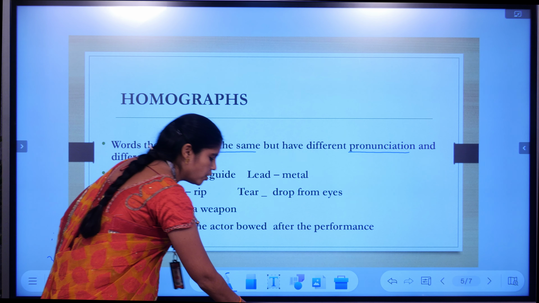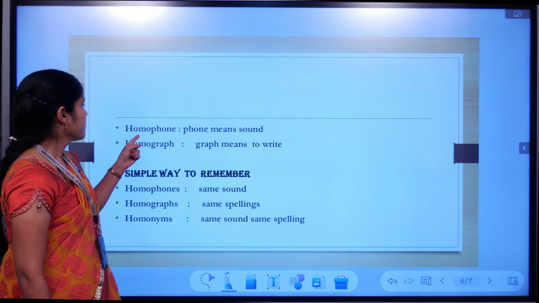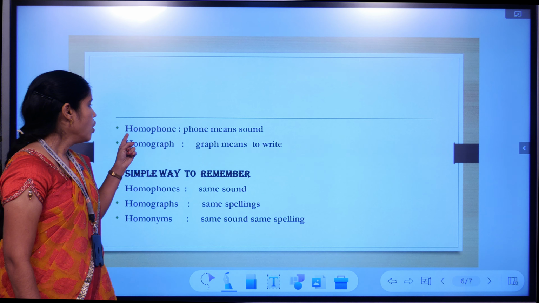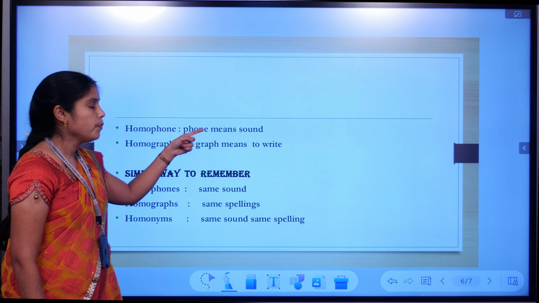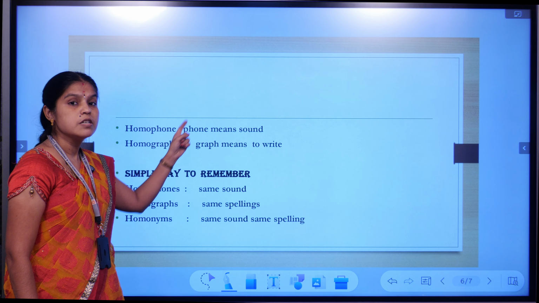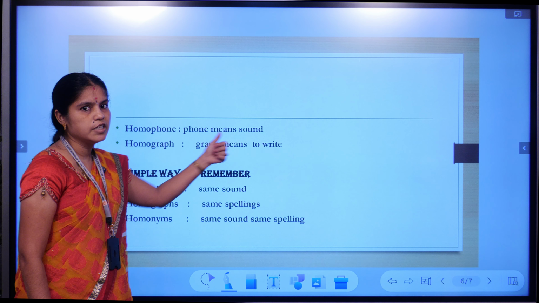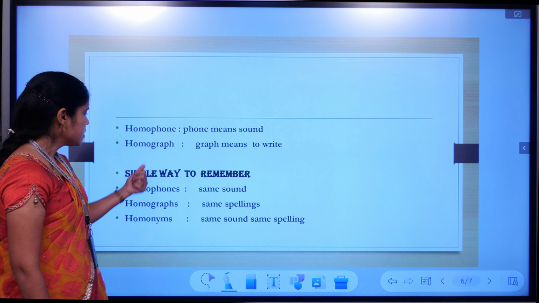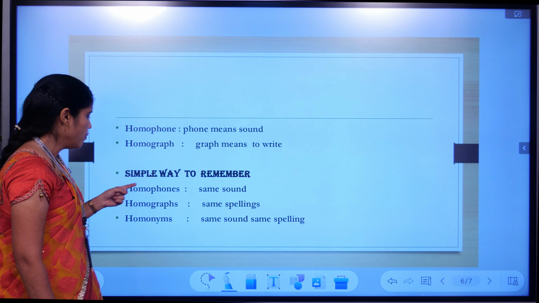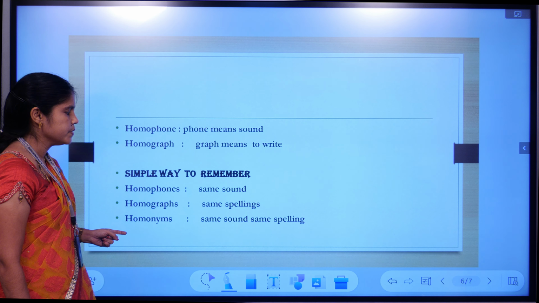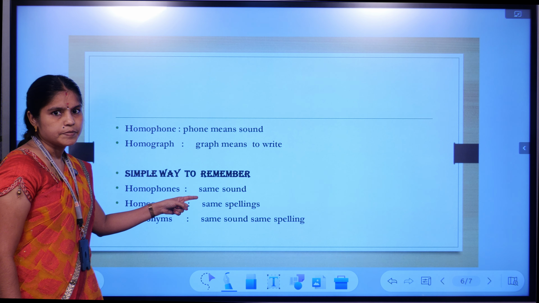Let me give you a small chart. Homophones, how to remember: phone means sound. Homographs: graph means to write. This is the simple way to remember homophones, homographs and homonyms. Homophones have the same sound.